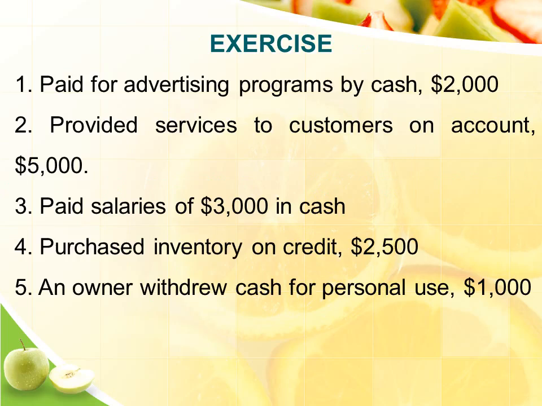Now, to apply the double entry system and the rules of these accounts we have just studied, we have a small exercise. Here are 5 financial transactions. The first, the company paid for advertising programs by cash, $2,000. Second, provided services to customers on account, $5,000.